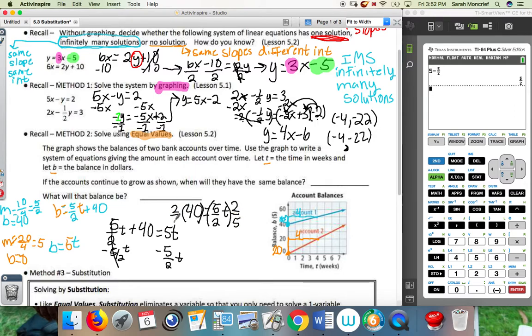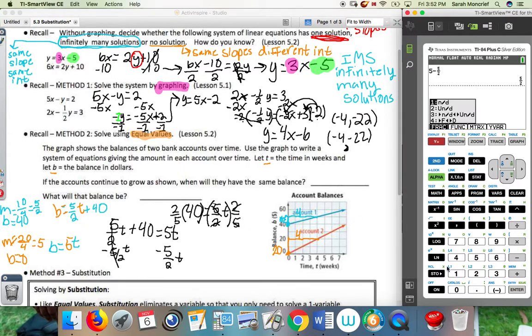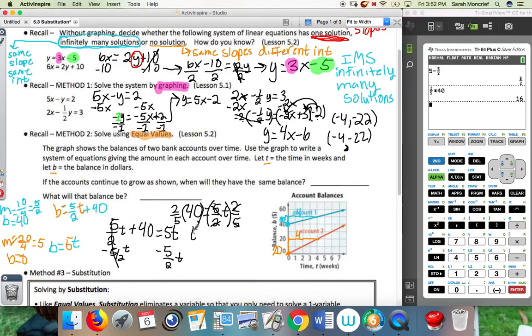And what happens on the right? It cancels. And then we just have to figure out what 2 over 5 times 40 is. And what do we get? 16. So t is equal to 16, which really just means what?